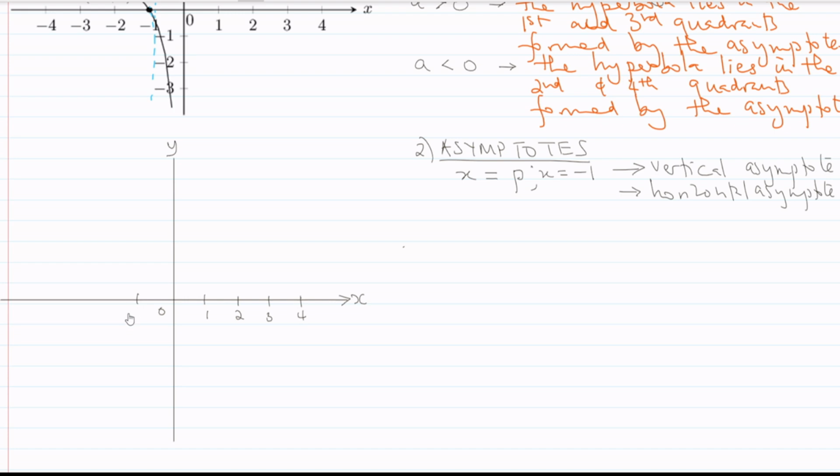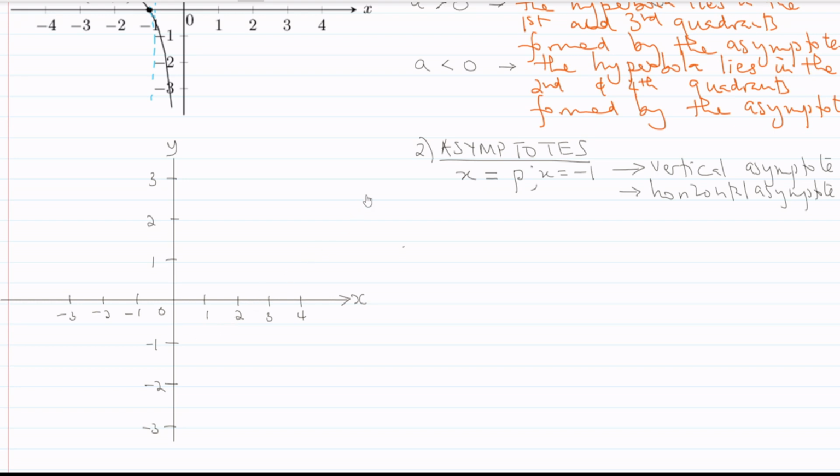To the left, -1, -2, -3. Up here, we can have 1, 2, 3. Going below, that is -1, -2, -3. Just taking 2 divisions here to represent 1 unit.